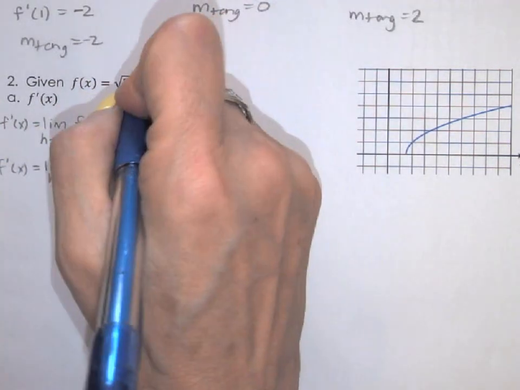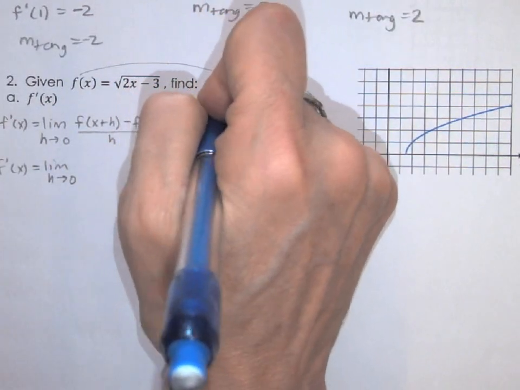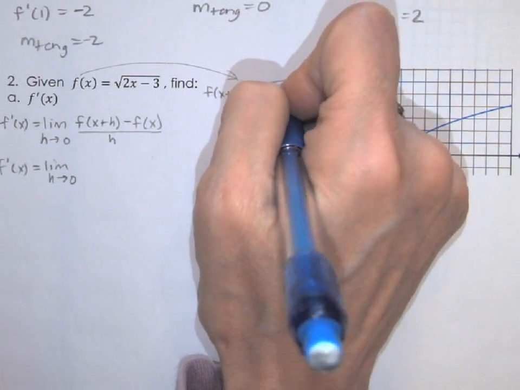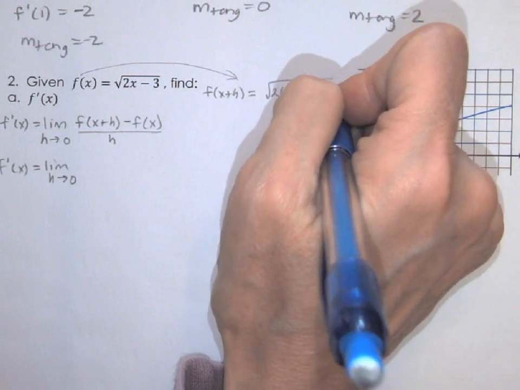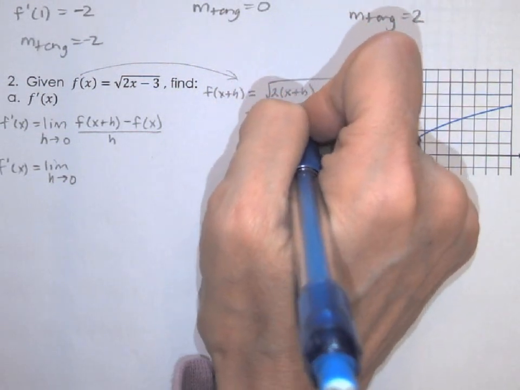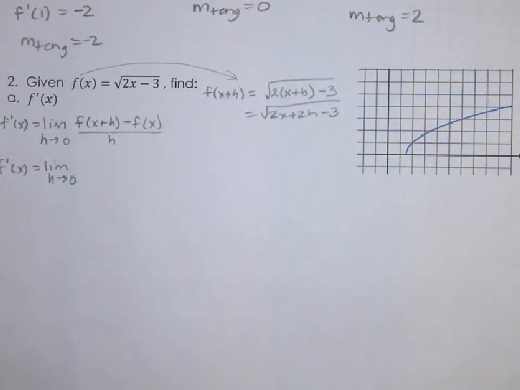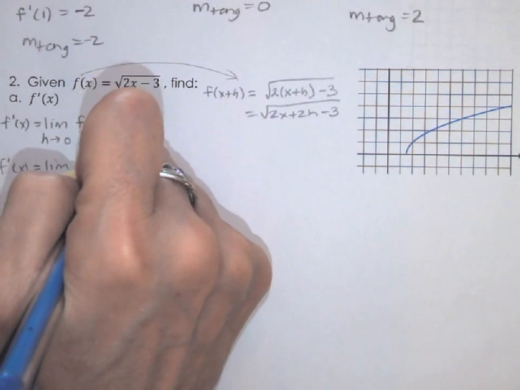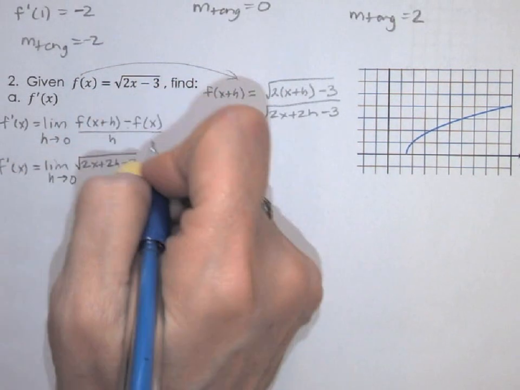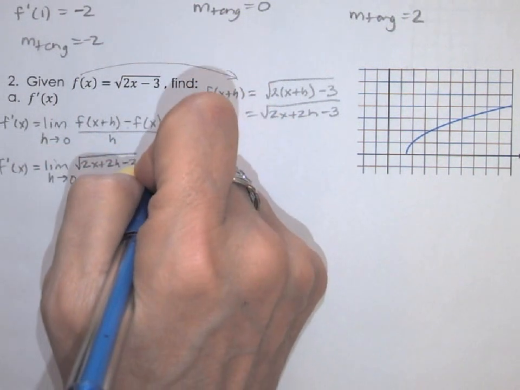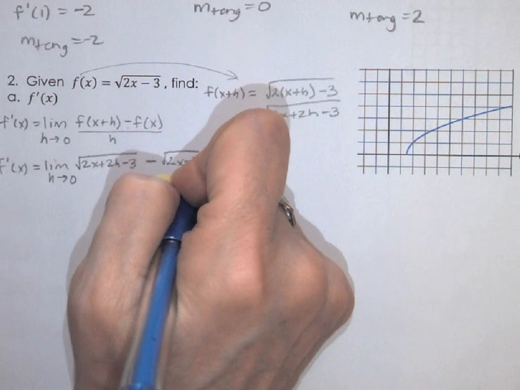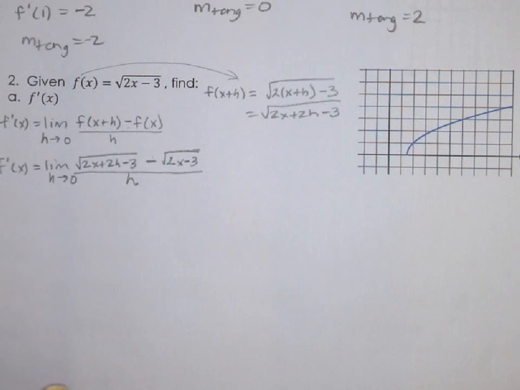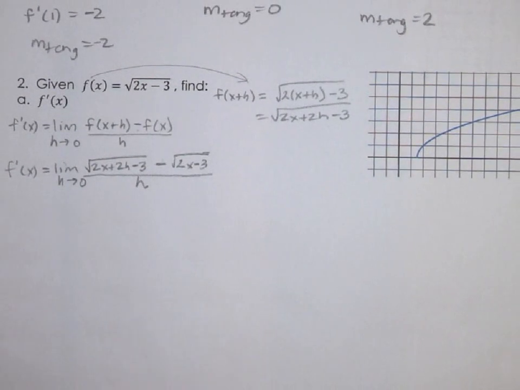And f at x plus h is going to equal the square root of 2 times x plus h minus 3, or the square root of 2x plus 2h minus 3. And then the minus in the formula, f at x, which is the root of 2x minus 3, all over h. And again, I can't let h approach 0 because the denominator would approach 0. You can't divide by 0.